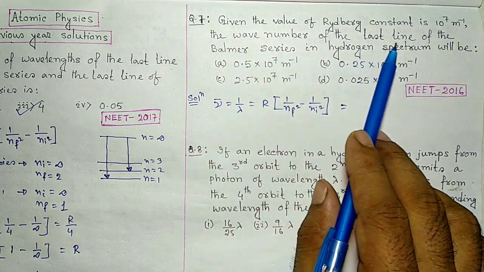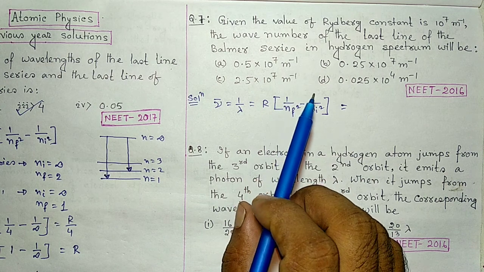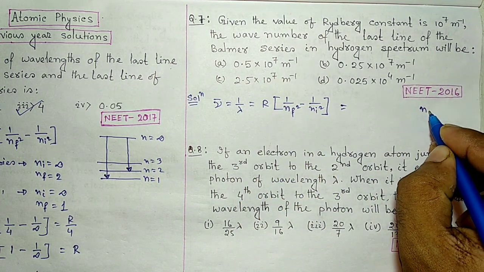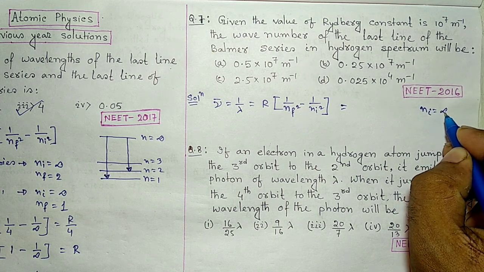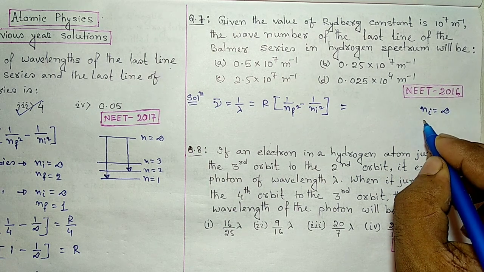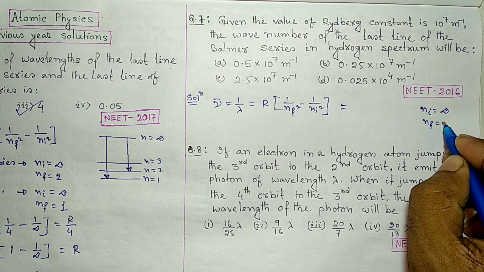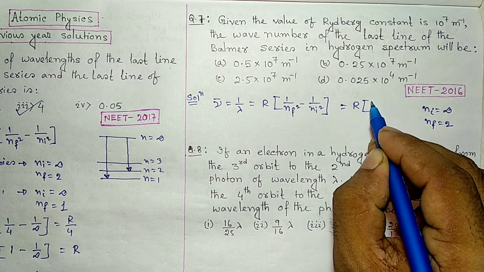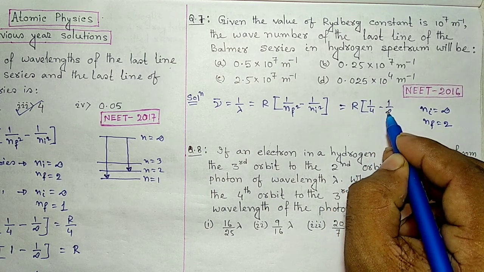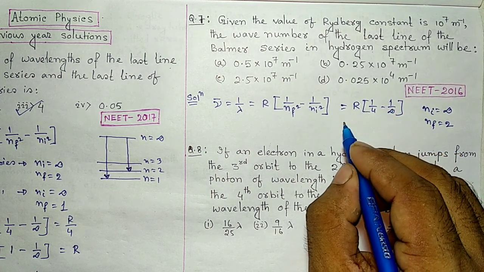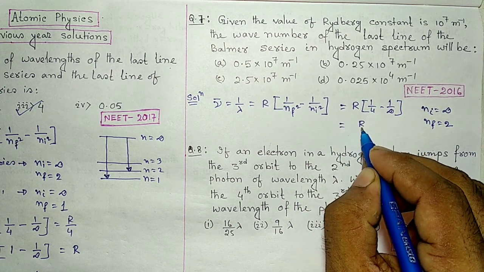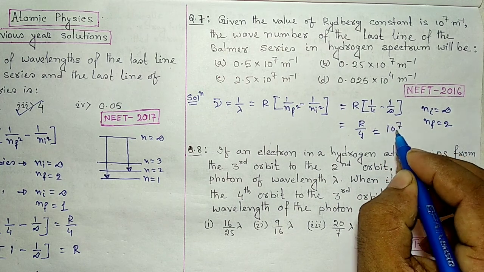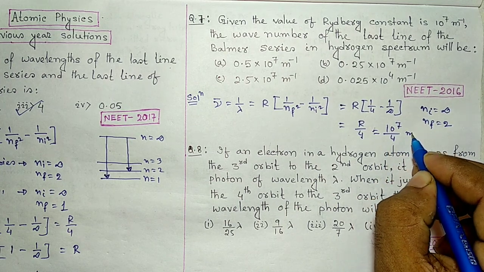For Balmer series, we know Ni is equals to infinity, for the last line Nf is equals to 2. So it will be R into (1 by 4 minus 1 by infinity), so it will be R divided by 4. It is equals to 10 to the power 7 by 4 meter inverse.